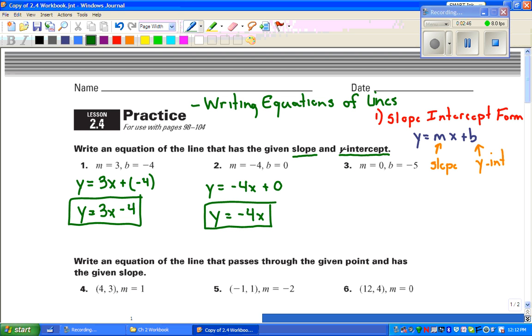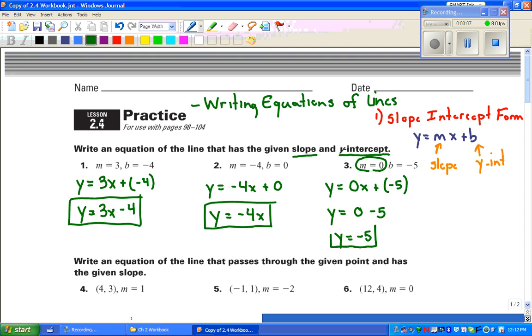Okay, y equals, my m value this time is a 0, so I'm going to put 0x plus -5. All right, what's 0 times anything, guys? Well, we know it's 0, so we get y equals 0 minus 5. So y is equal to -5.